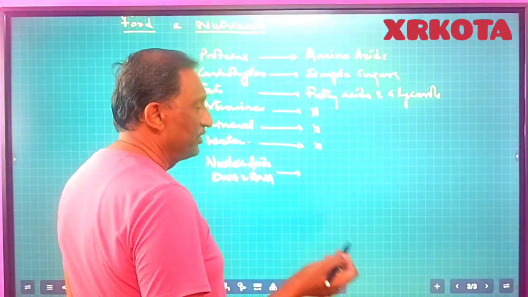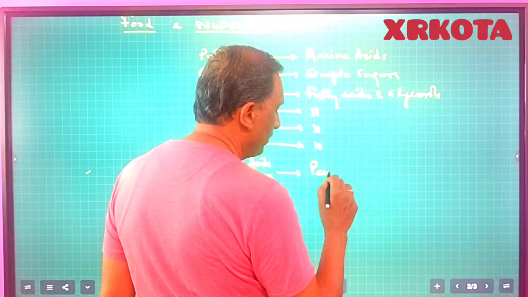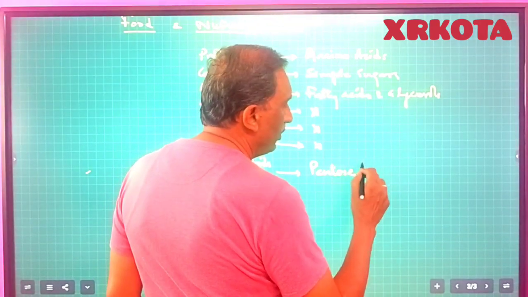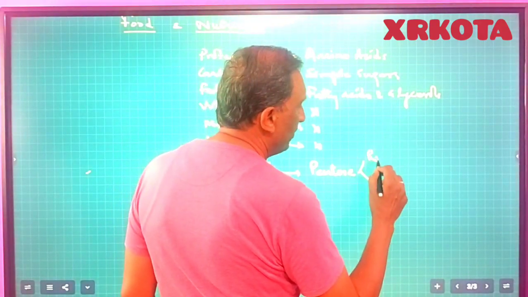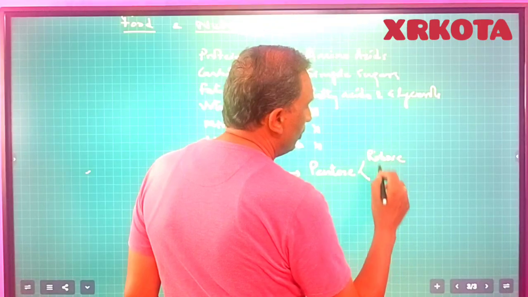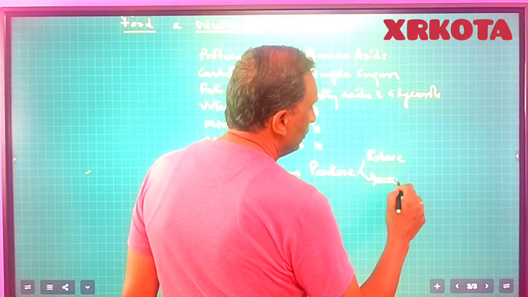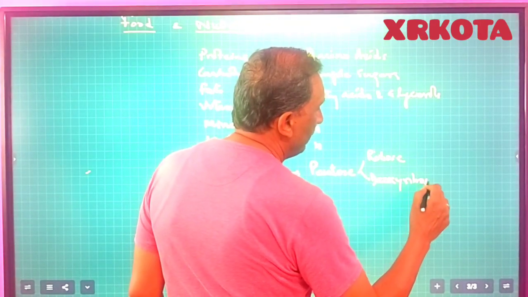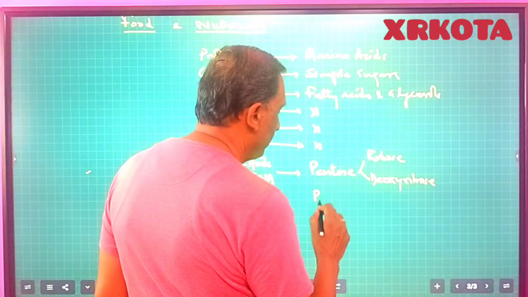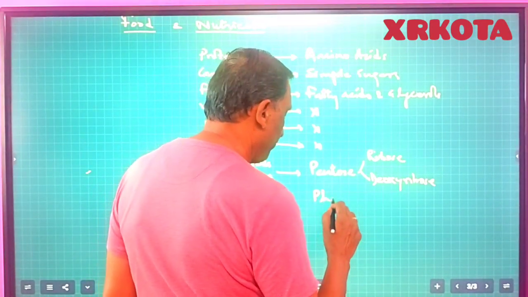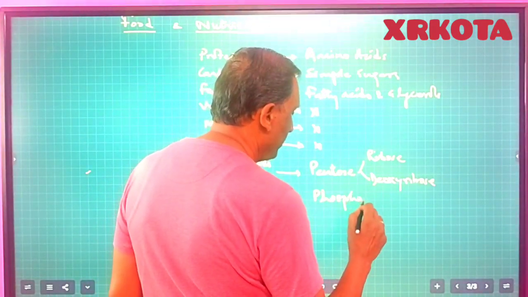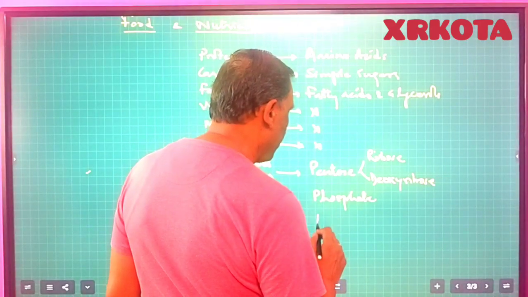So their digestion gives us pentose sugar. Pentose sugar can be of two types, ribose or deoxyribose. Then they give nitrogen bases and phosphates.